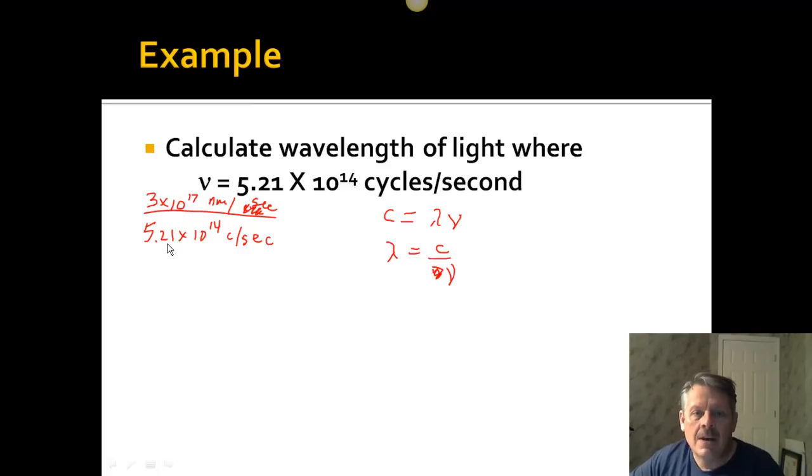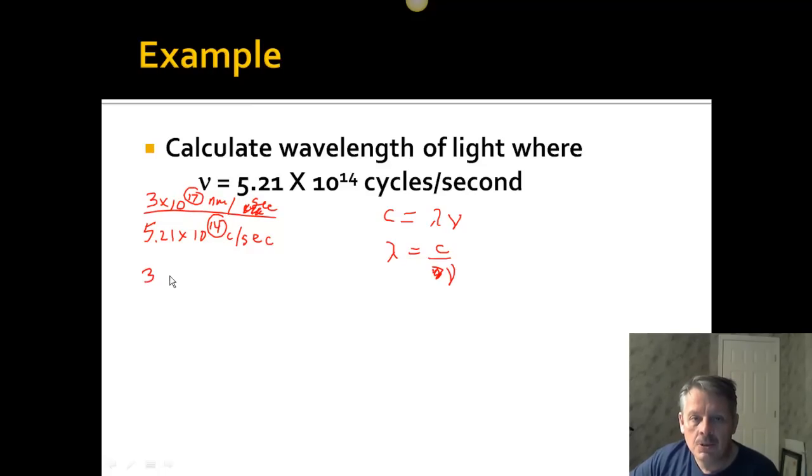And if I divide this, again, that's about 3,000 times 10 to the 14th divided by 5. Let's see. So 3 times 10 to the 17th divided by 5.21 times 10 to the 14th. The beauty of these is, remember, these subtract from each other.